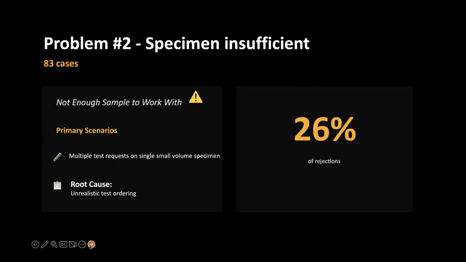The next slide. So the second most common reason for rejection is insufficient specimen volume. And this usually occurs when too many tests are ordered, but not enough sample is collected.